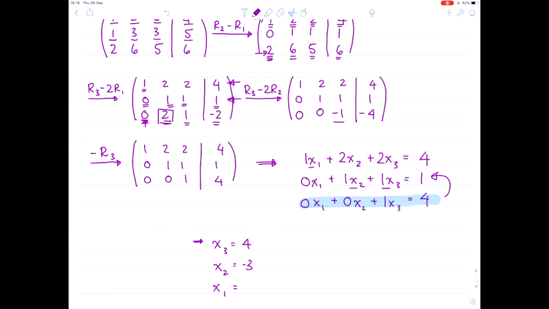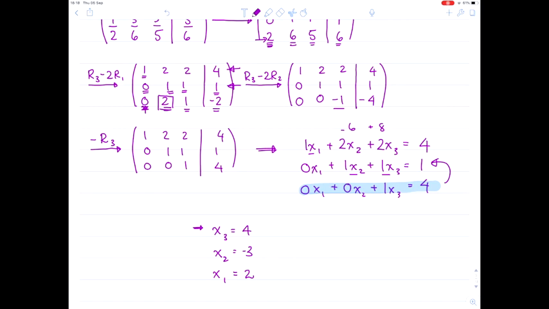So that would be x1, we've got 2x2, which is going to be minus 6, plus 2x3, which is plus 8, so that's plus 2. So we've got x1 is equal to 2, which is the solution we found previously.